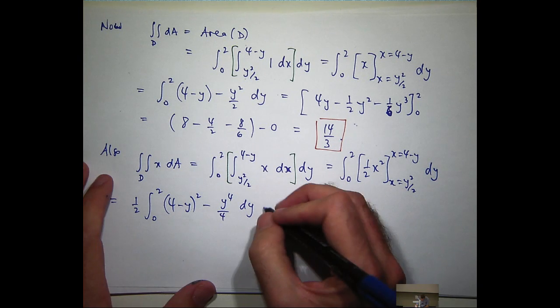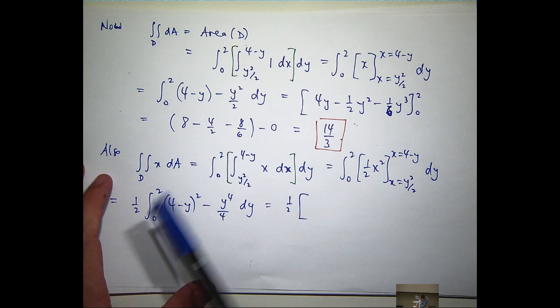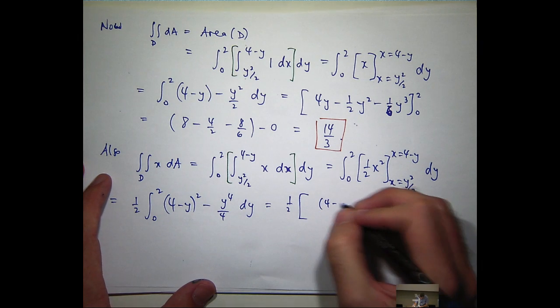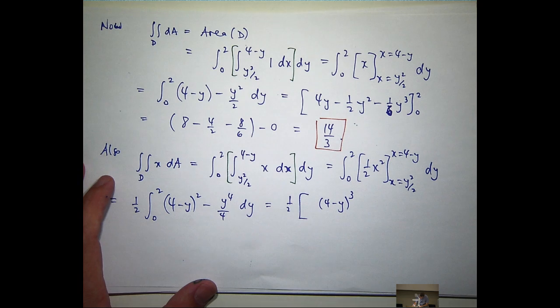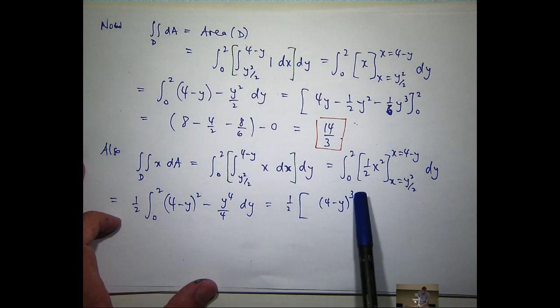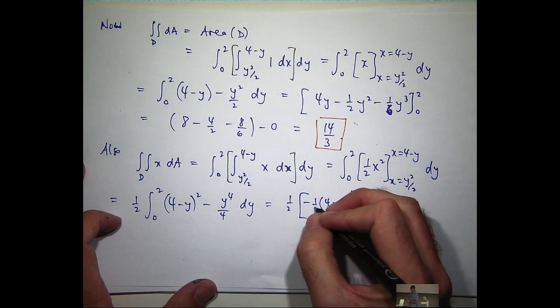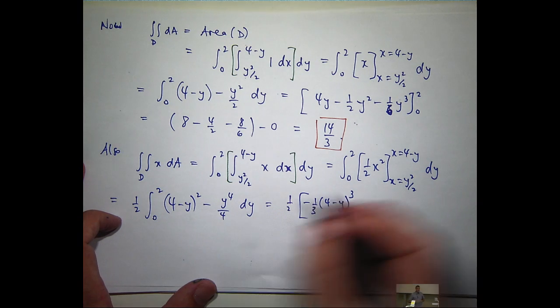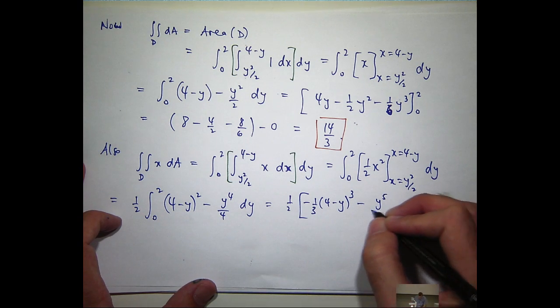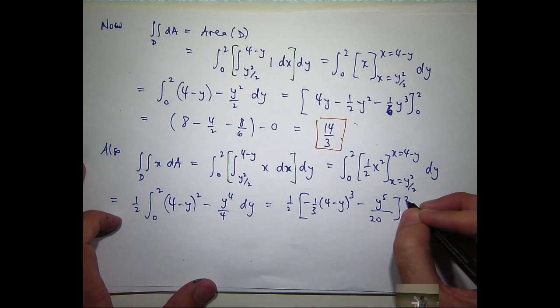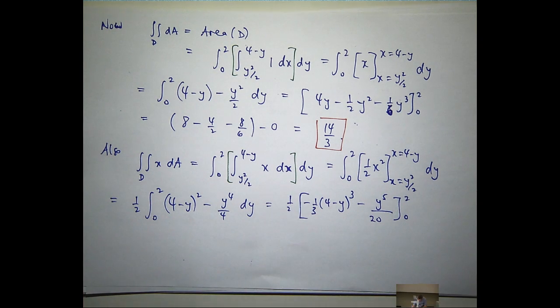So this is going to be something like this. And to take care of business, I just need to multiply by negative 1/3. And over here, I'm going to get this. That looks good. So now, all I need to do is sub in y equals 2 and y equals 0 and simplify, hopefully, with my algebra.